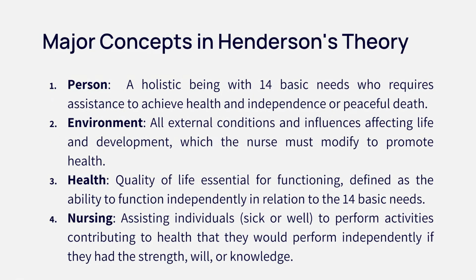First one is person. Who is the person here? A holistic being with 14 basic needs who requires assistance to achieve health and independence or a peaceful death. So the person with these 14 basic needs requires assistance to achieve health and independence or a peaceful death.